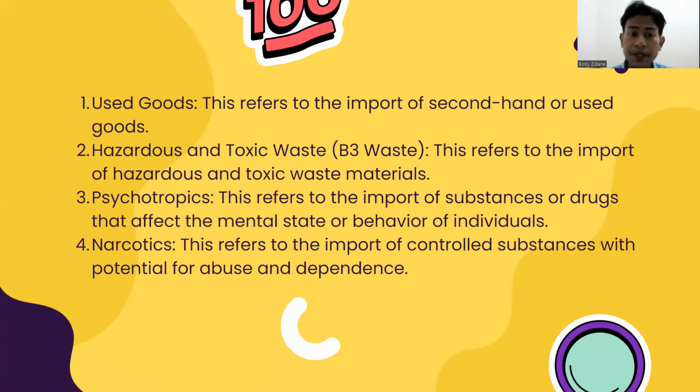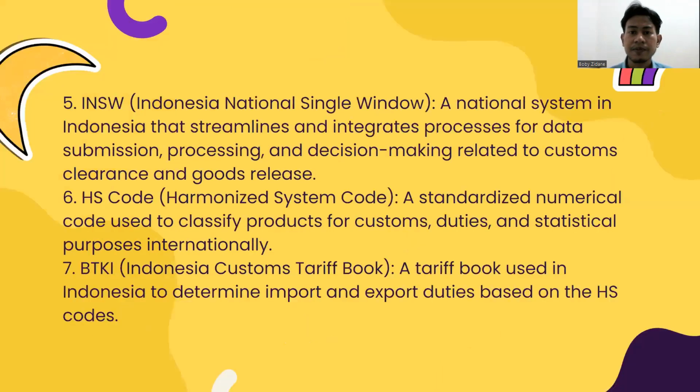And the number 3, psychotropic. This refers to the import of substances or drugs that affect the mental state or behavior of individuals. And the fourth is narcotics. This refers to the import of controlled substances with potential for abuse and dependence.